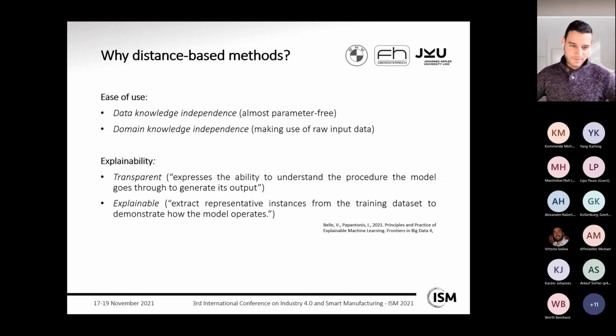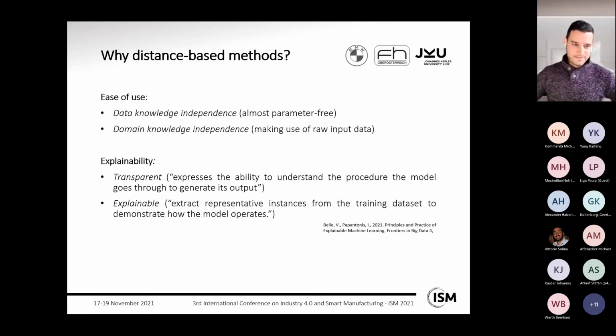It's very much independent of knowledge from a data scientist because there are very little parameters involved. And when you're thinking about implementing an outlier detection system over hundreds of machines, it's very difficult to solve the problem individually for each machine. So you have to solve it in a very general setting.